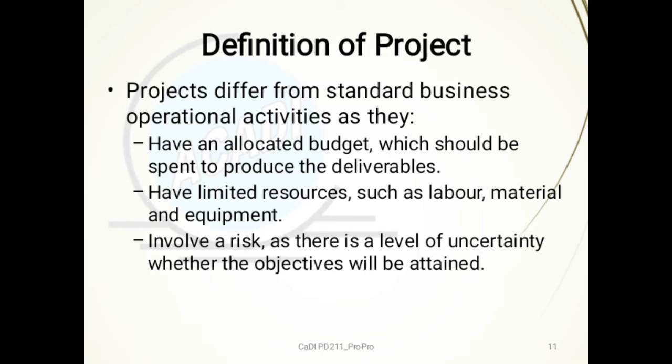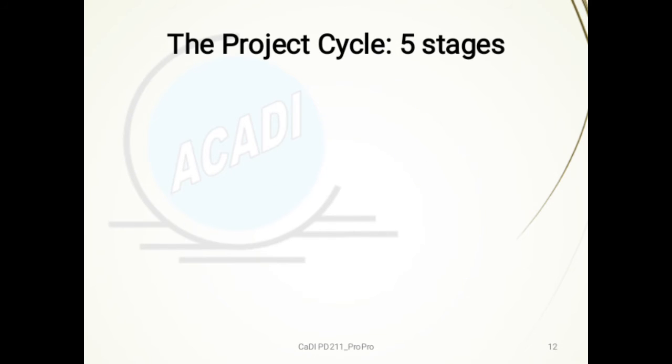Projects differ from standard business operational activities as they have an allocated budget which should be spent to produce the deliverables, have limited resources such as labor, material, and equipment, involve a risk as there is a level of uncertainty whether the objectives will be attained.